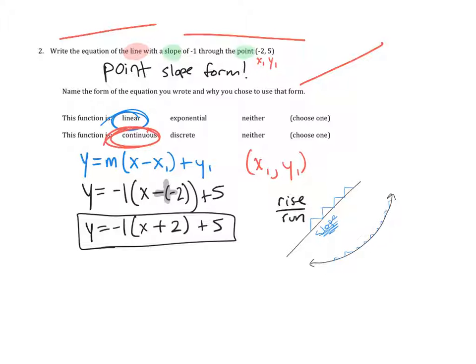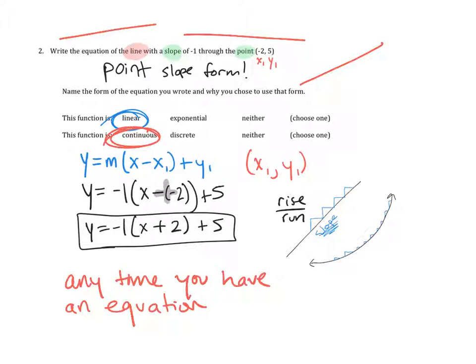And what I will let you know is, I'm going to write this down, so hopefully you will remember it. Anytime you have an equation that makes a continuous function.